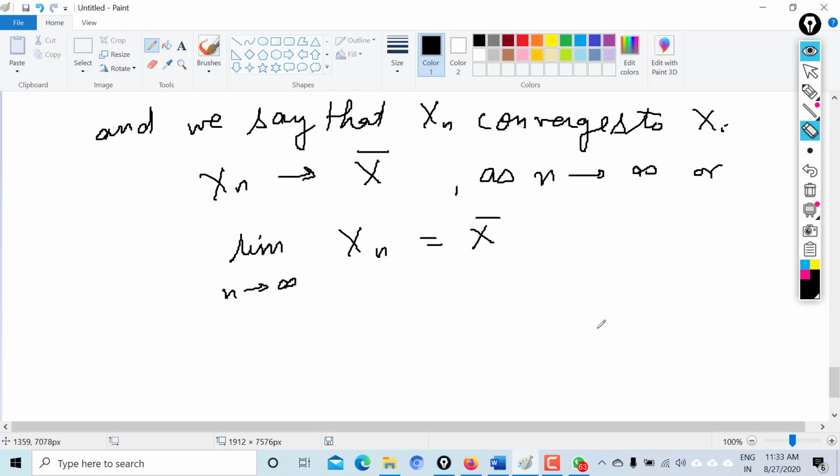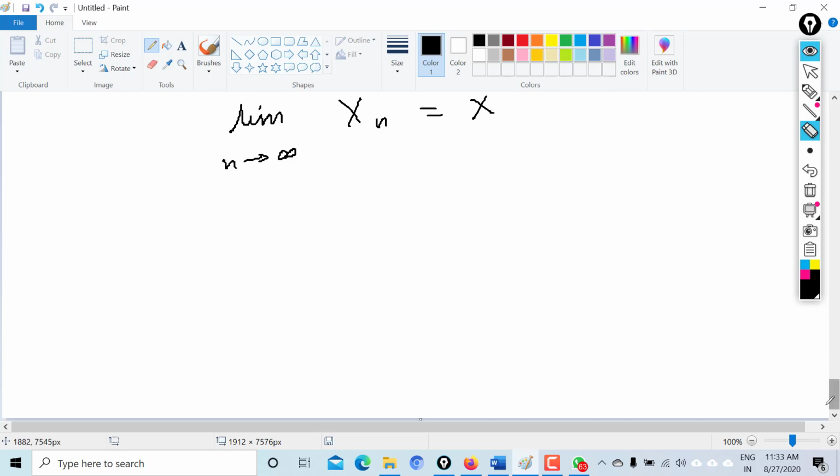Now there is an important definition proposed by the mathematician Cauchy. So what is a Cauchy sequence?